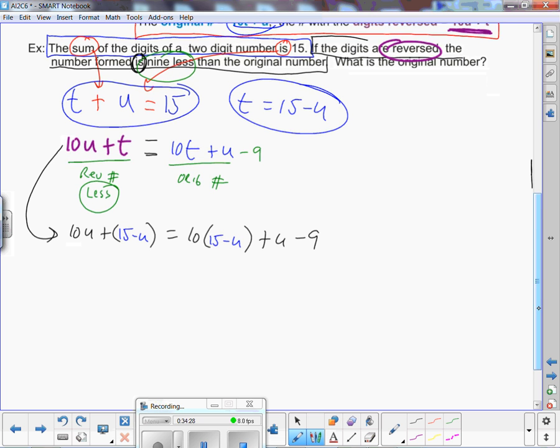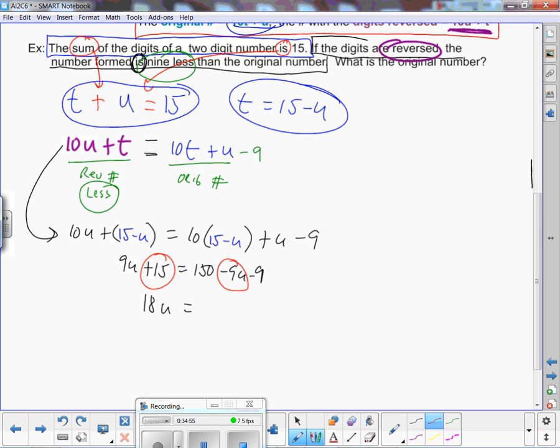All right, let's go ahead and now solve. All right, so summing up, we end up with 9u plus 15 equals 150, a negative 10u and a positive, it's a negative 9u minus the 9. Okay, let's get all our variables on one side. Let's add a positive 9u to both sides. So we'll get an 18u.